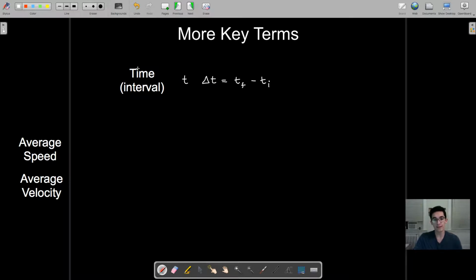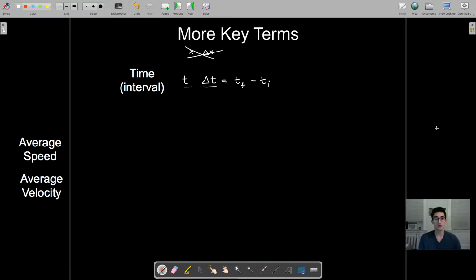Now, the reason that we use t and delta t interchangeably and we don't use x and delta x interchangeably is because delta x and x mean two different things, and they're both interesting for us to look at. Delta x means displacement, while x just means a position at an instant in time, right?